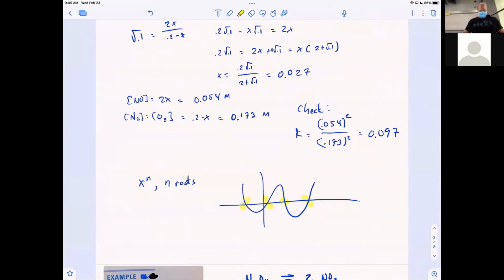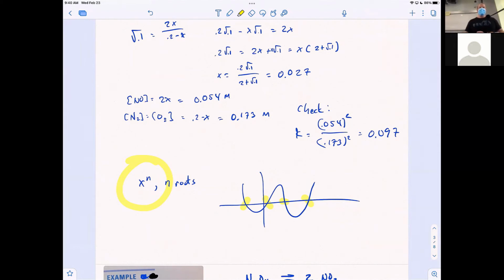So when you have a polynomial raised to some power, as long as n is a whole number, it has that number of roots. Which means, mathematically speaking, you will have that many solutions to the equation.